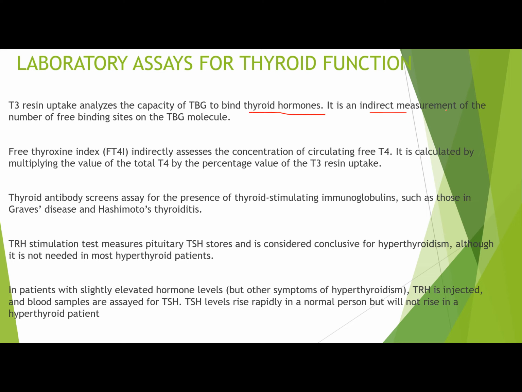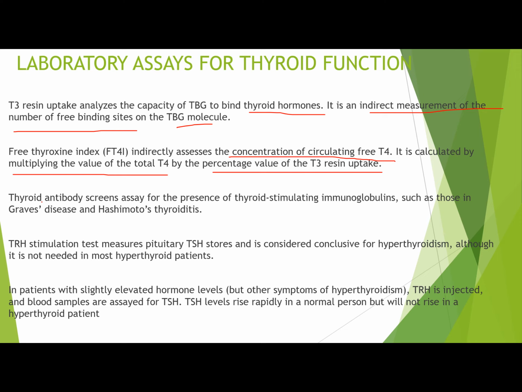This is an indirect measurement of the number of free binding sites on the TBG. Free thyroxine index, or your FT4I, indirectly assesses the concentration of circulating free T4. It is calculated by multiplying the value of the total T4 by the percentage value of the T3 resin uptake.